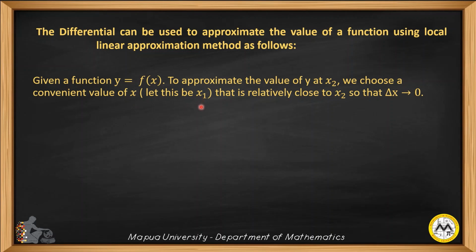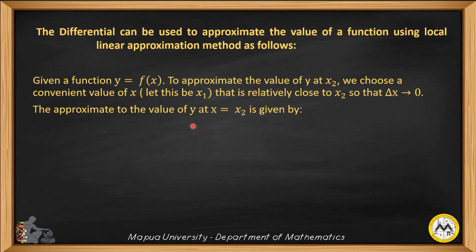Let this be x sub 1. Now we choose x sub 1 to be relatively close to x sub 2 so that the increment delta x would be approximately 0, or delta x approaches 0.